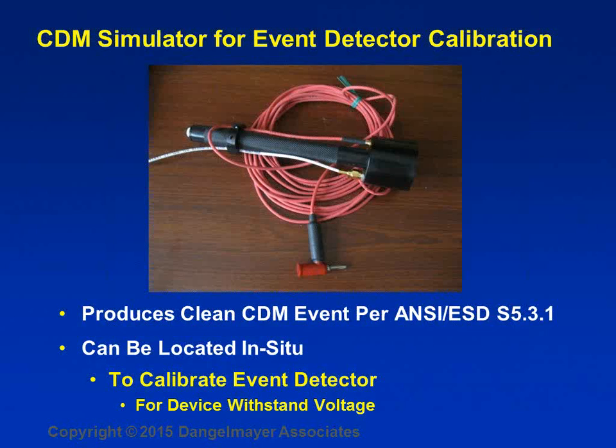As you can see, it's small, can be placed inside of automated tooling, and can trigger ESD charge device model events at voltages set with a power supply. So it's a really slick instrument that can be used for calibrating your event detectors, both in the lab and in place in automation equipment. Really a great breakthrough.